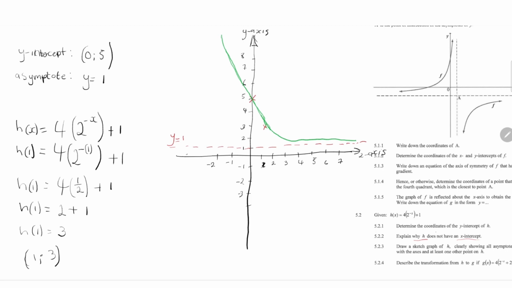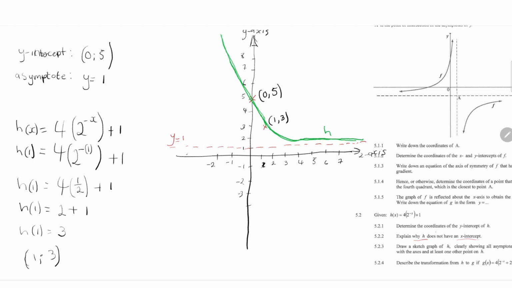It has to be a curve. This is not a curve, but you should learn how to draw or sketch a curve. Then you label graph h, and you also label your coordinates, which is (1, 3) over here, and the y-intercept, which is (0, 5). And that is how you sketch your graph, ladies and gentlemen.